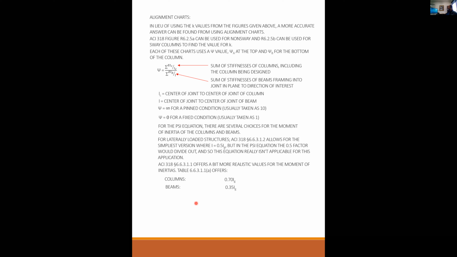Columns crack as well, but with all that compression on the columns, the cracks don't form nearly as deeply because you have all that compression holding the cracks down, kind of squishing all the cracks together. So columns do not degrade nearly as fast as beams do in their stiffness. That's why columns are at 70% and beams are only at 35%.